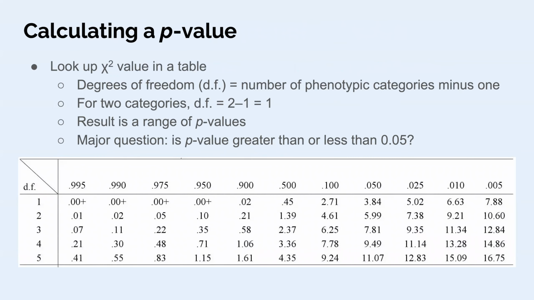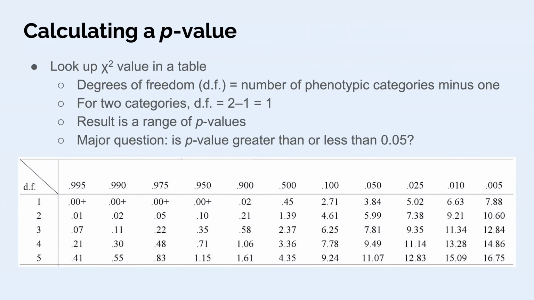So once we get our chi-squared value, then we have to convert it into a p-value. And I'll talk about p-value on the next slide. P-value is an estimate of the probability of observing the results if the null hypothesis is true, basically. And we look up the p-value in a table like this.